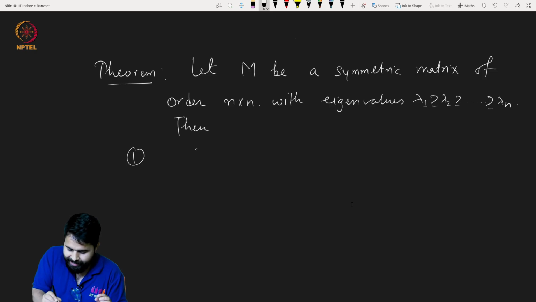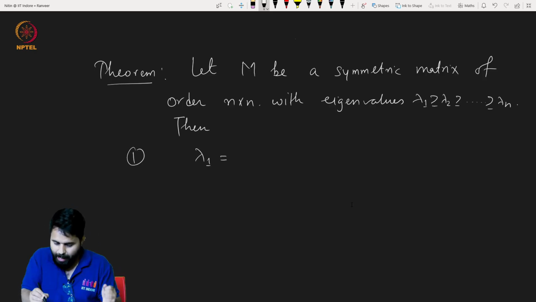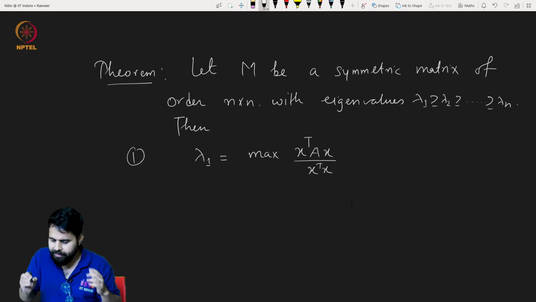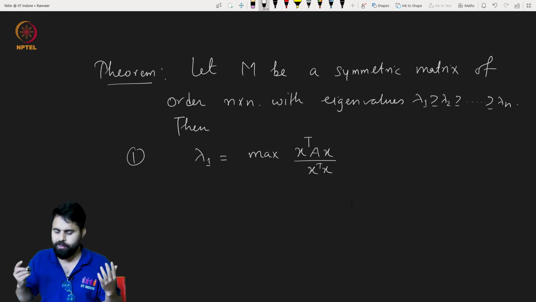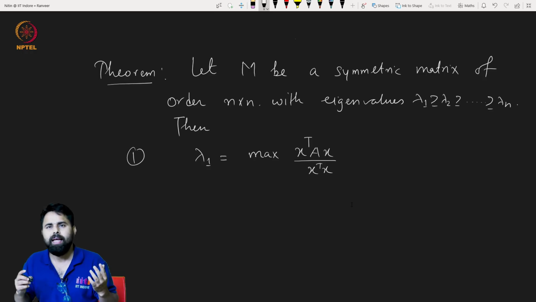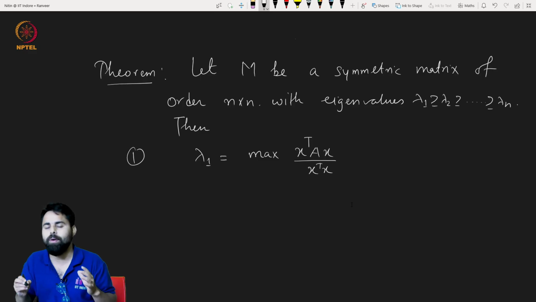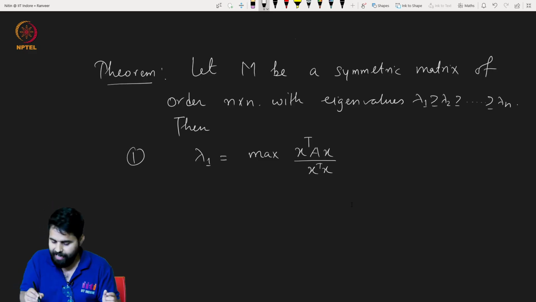Lambda 1 is indeed equal to the maximum over this ratio. You pick all possible x, find this ratio, and whenever this ratio is maximum, that value will give you the largest eigenvalue.